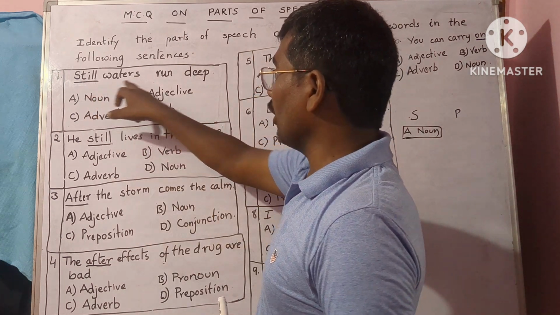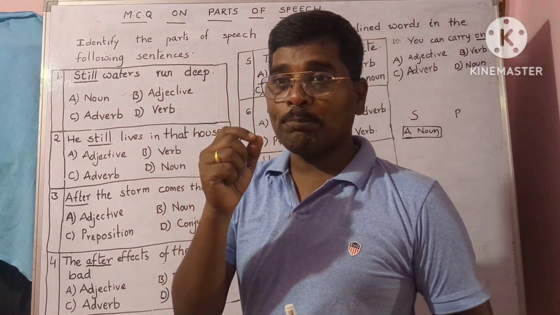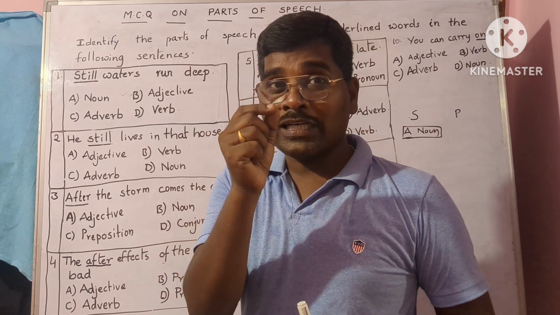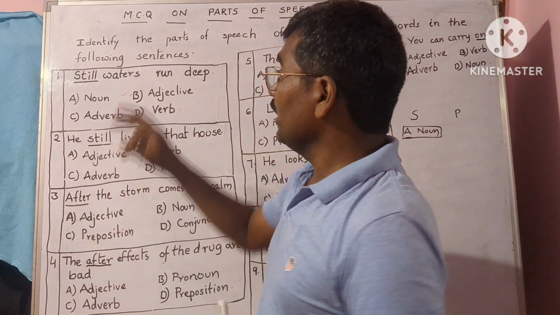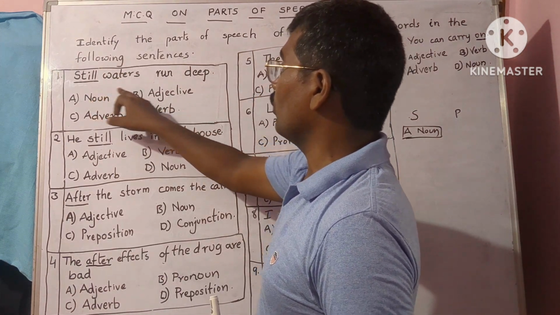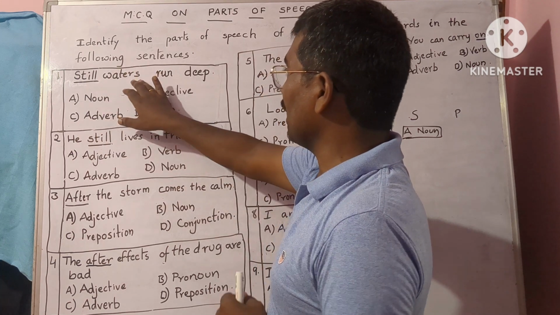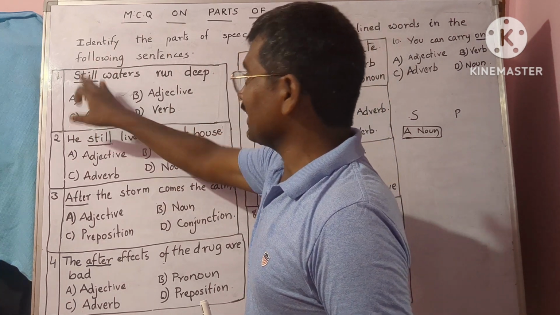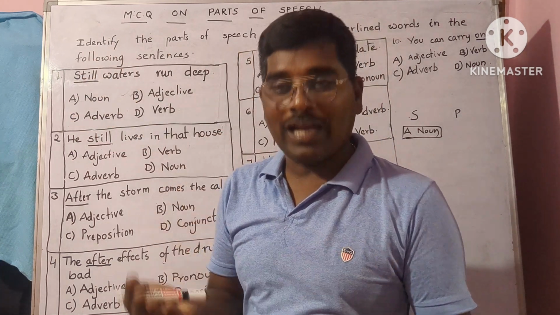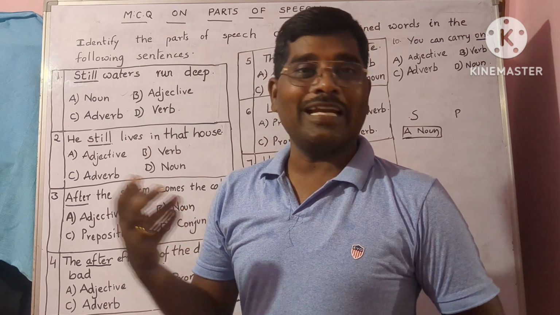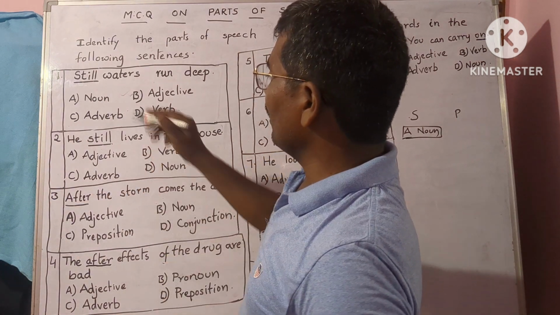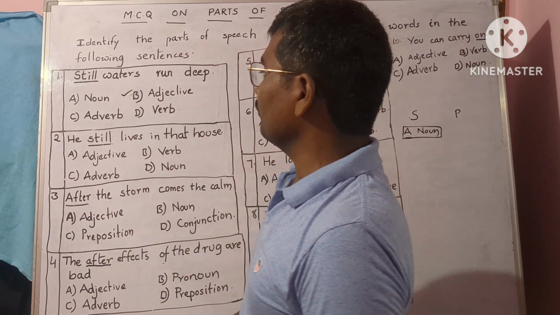If it is the noun phrase, what is the important word? That important word could be the noun. Here, the important word is waters. So, this is the noun. Anything that comes beside a noun and qualifies it is an adjective. So, option B is right here.